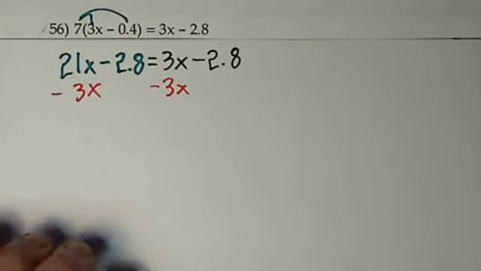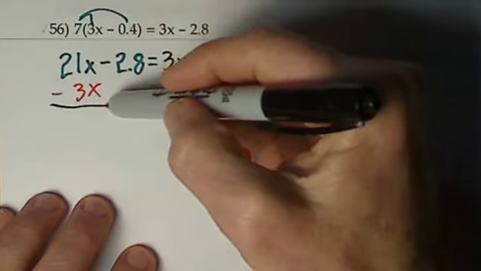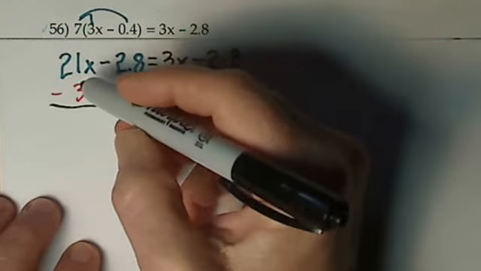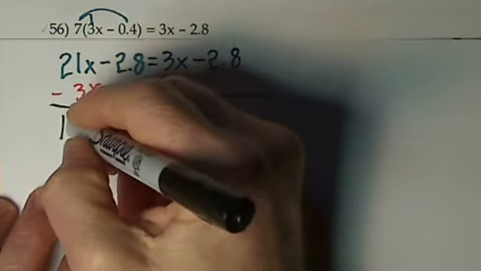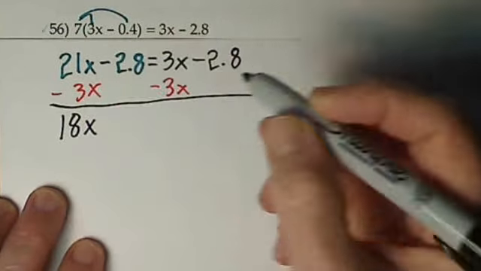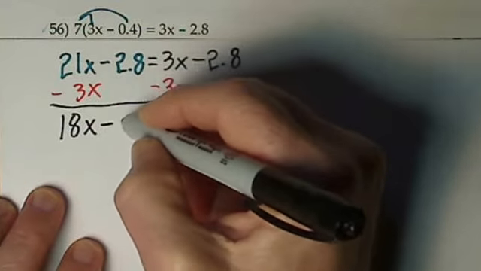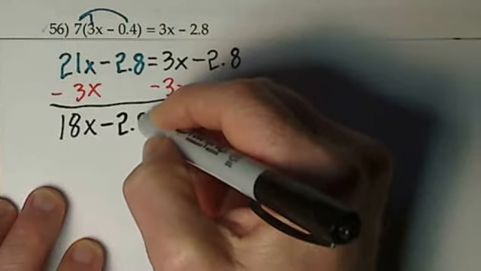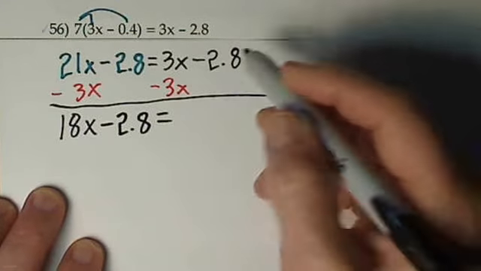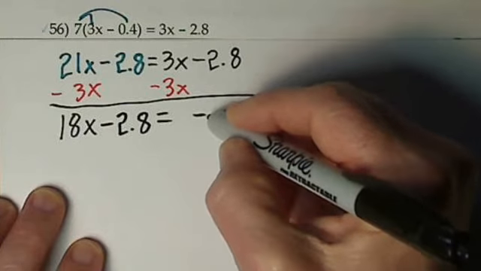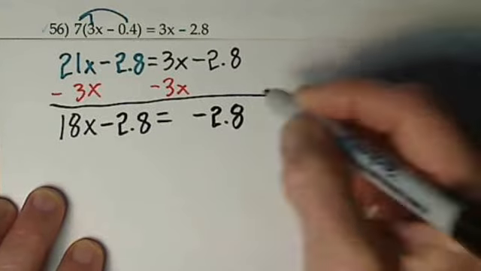And now let's just see what we're left to deal with here. So this leaves us with 18x. We still have our minus 2.8 or negative 2.8, however you choose to say that. And here you'll probably say negative 2.8.